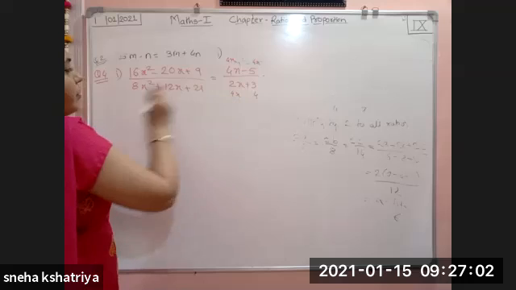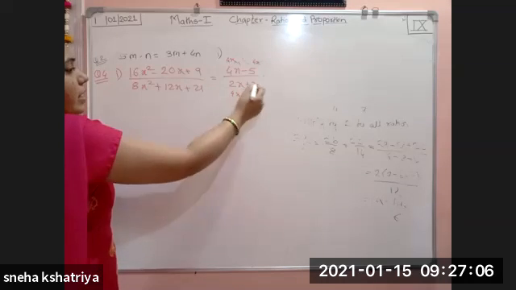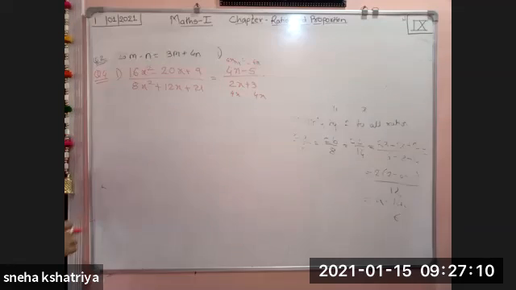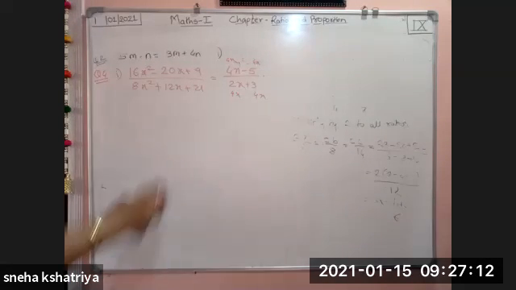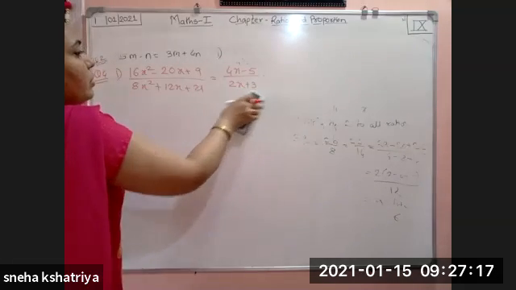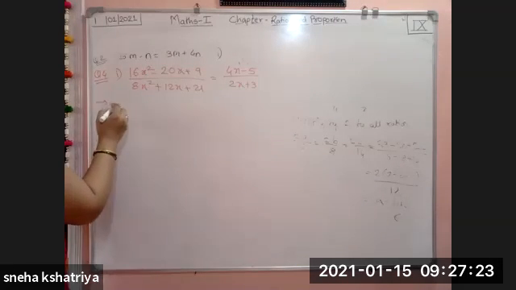Here also x square term is there, so x into x becomes x square, and 4x into 3 is 12x. So to the right side ratio, you have to multiply by 4x to both numerator and denominator. Okay, so what will we get?